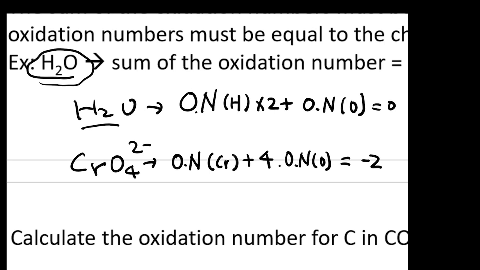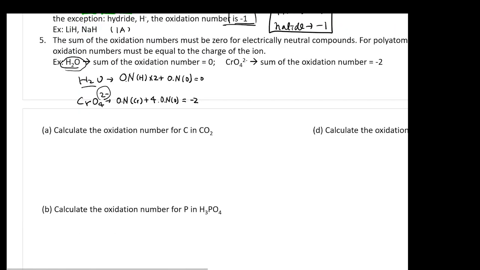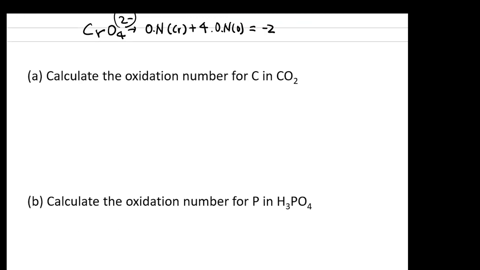If you see a molecule that doesn't carry any charges, then the oxidation number sum of all atoms needs to equal 0. Otherwise, the oxidation number sum of all atoms needs to equal the charge that the molecule carries. That's all the rules you need to know to calculate the oxidation number of an atom inside a molecule.